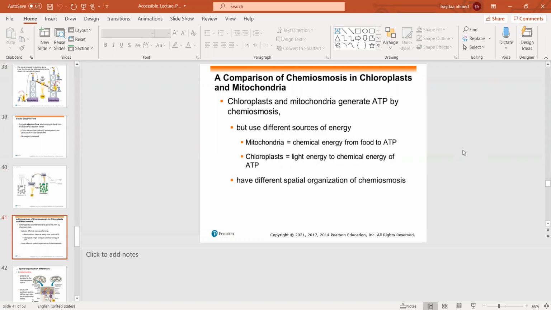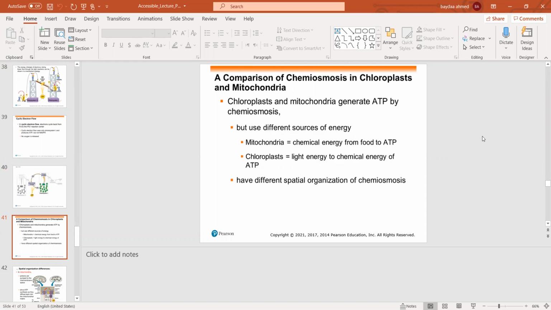Thus, the electron transport chain transforms redox energy to a proton motive force, potential energy stored in the form of a hydrogen ion gradient across a membrane. An ATP synthase complex in the same membrane couples the diffusion of hydrogen ions down their gradient to the phosphorylation of ADP, forming ATP.